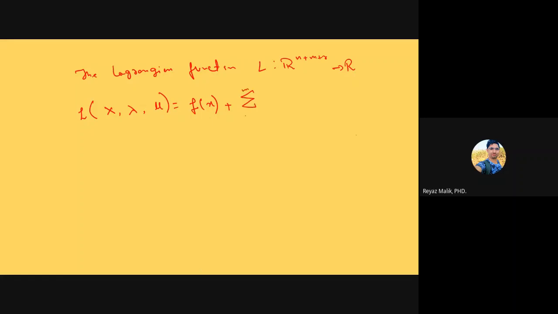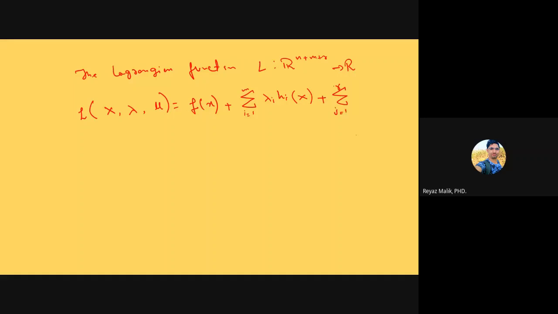Summation of i ranges from 1 to m. Lambda i times h i of x, correct, plus the same equation with j ranging from 1 to r.